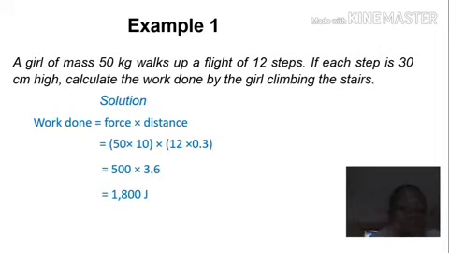Solution: work done is force times distance. Force we get by converting mass into weight, so we multiply mass by 10: 50 times 10, which is 500. So force is 500. Distance: we convert 30 centimeters into meters, that is 0.3 meters, and there are 12 steps.